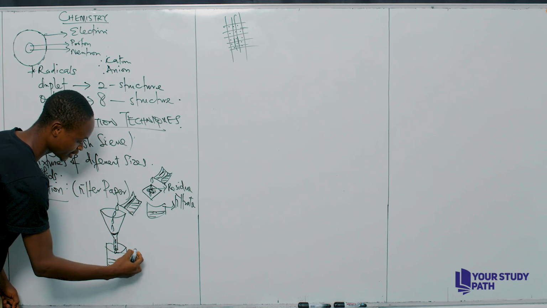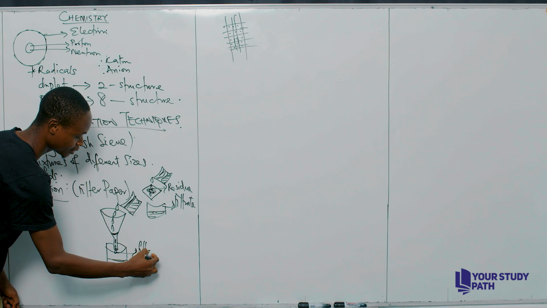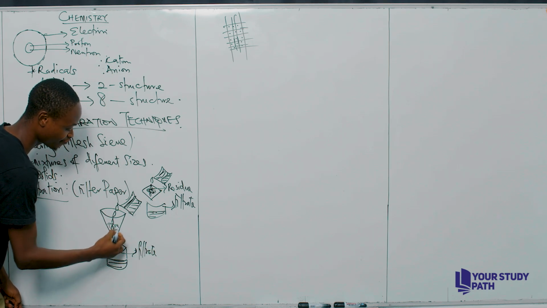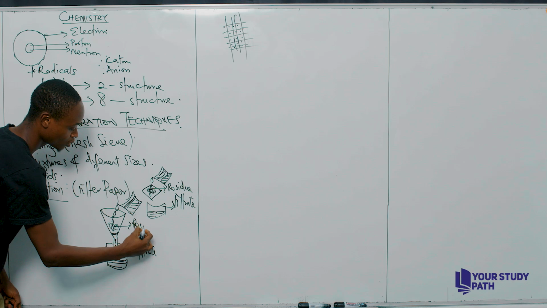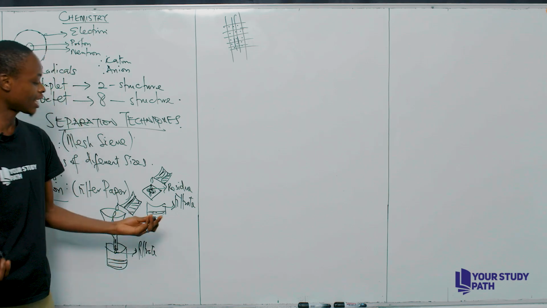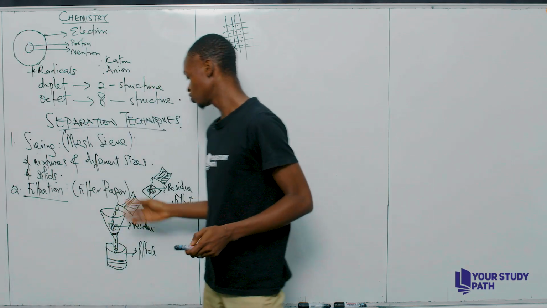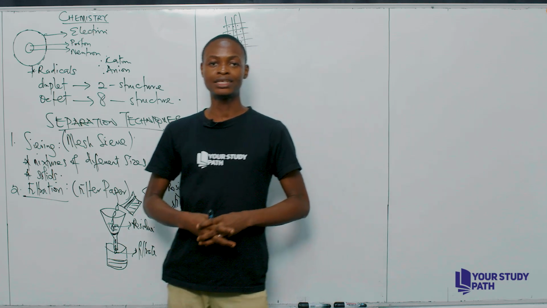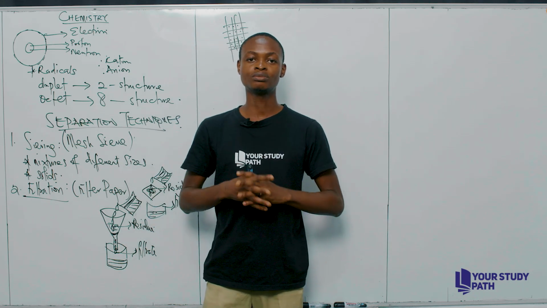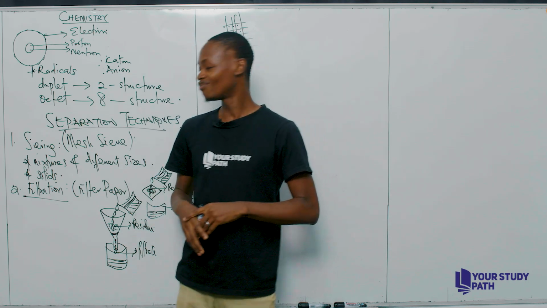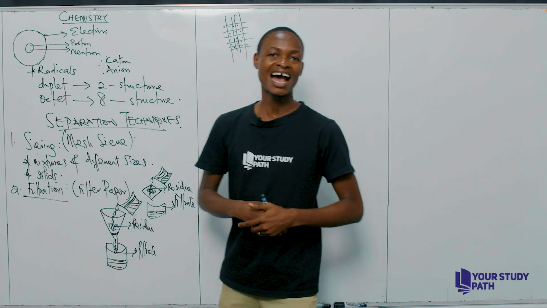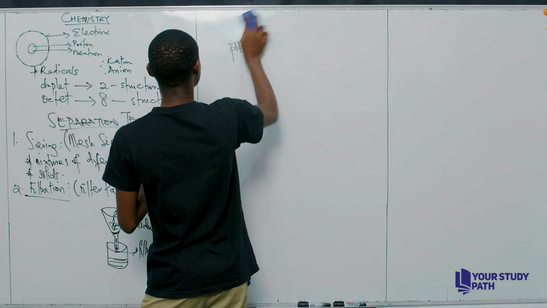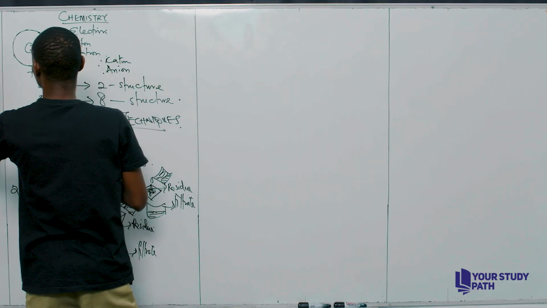So what happens here is still your filtrate, and what stays inside the funnel is your residue. So either you use the filter paper alone or use the filter paper with the assistance of a funnel, that's fine. Either method works brilliantly. Now that we have looked at that, let's take another kind of separation technique and see how we can utilize that.